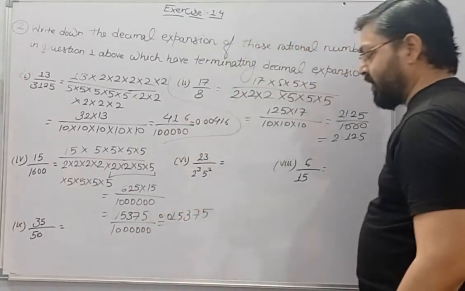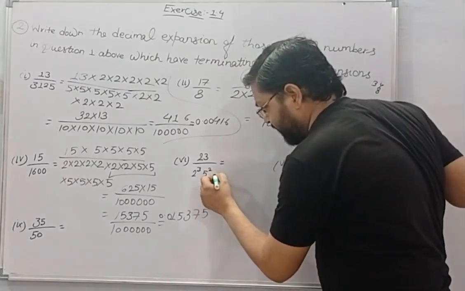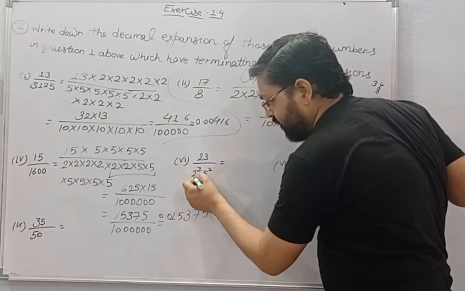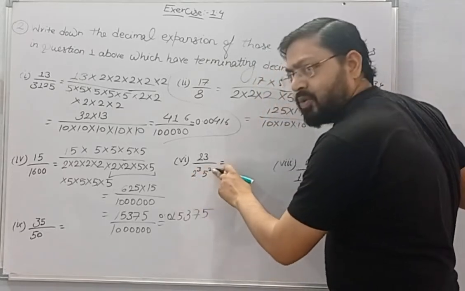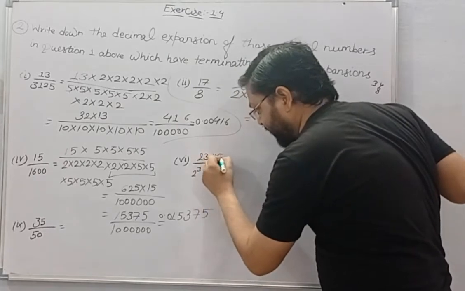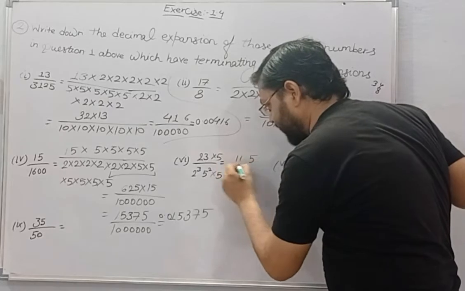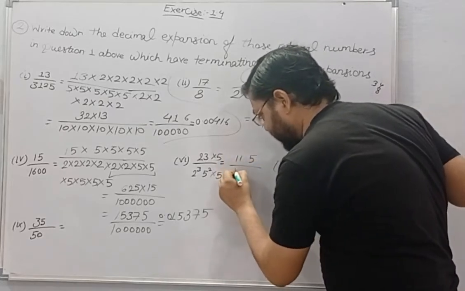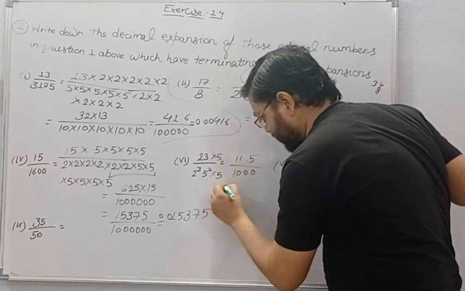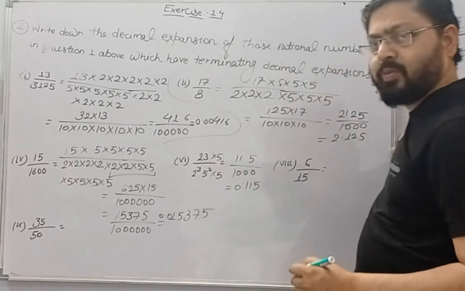For this, here is only one 5. You multiply here 2 to the power 3 and here 5 to the power 2. You multiply this by 5 and here also 5. I hope you understand me.